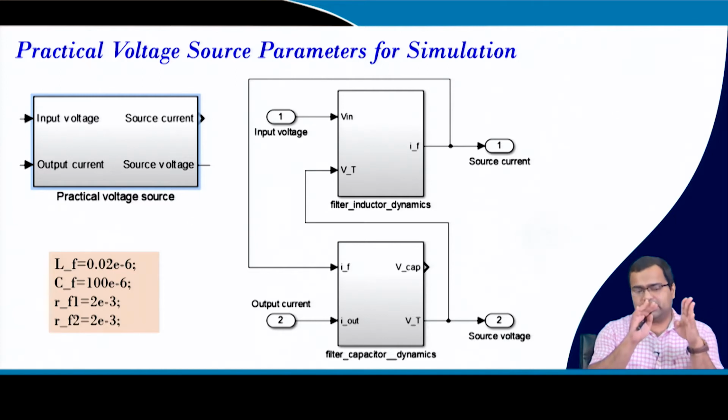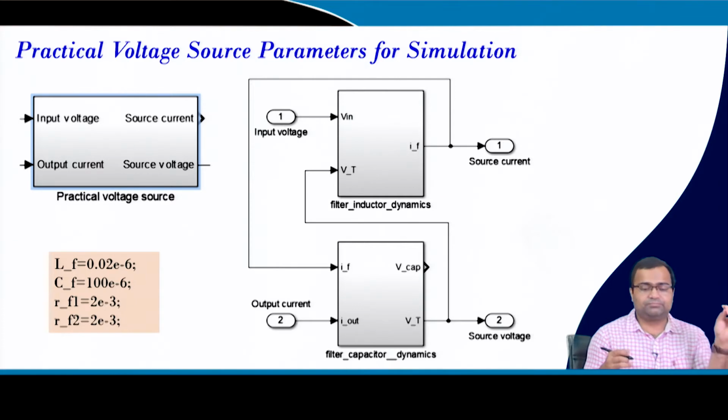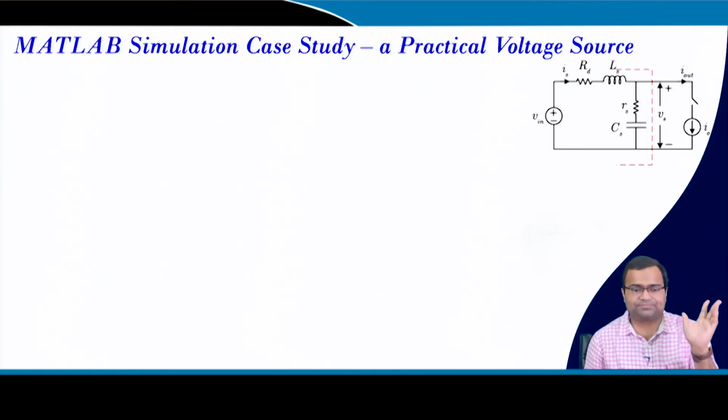That means it has an inductor of 20 nanohenry, then it has a filter capacitor which is 100 microfarad, then RF1 is the DCR of the filter inductor and RF2 is the ESR of the filter capacitor.